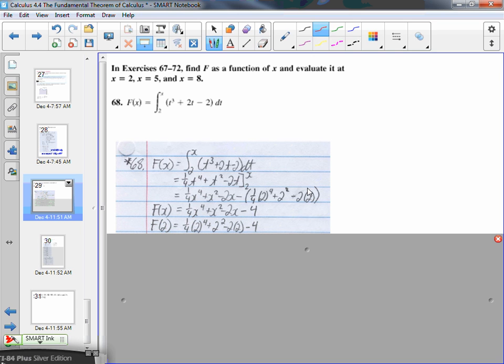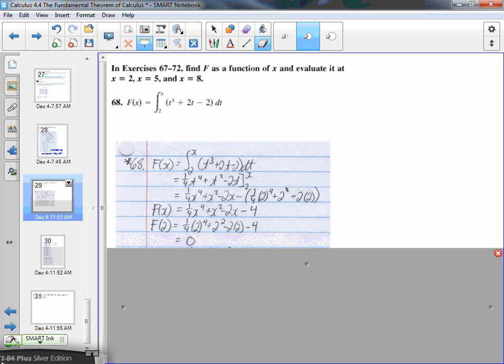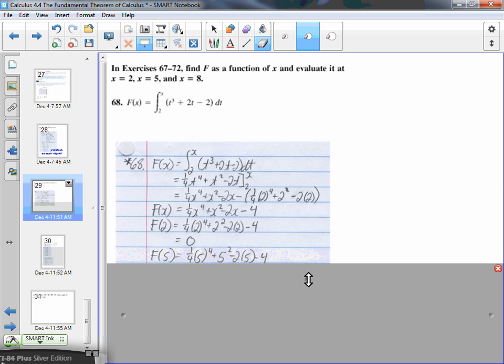Okay? So, finding it for 2, and really, you ought to know what the answer is going to be, right? Because what would the integral from 2 to 2 of whatever be? It's got to be 0. So when we evaluate this, when we put a 2 in for x, we'd better get 0. And we do. And feel free to use your calculator for these. What do you get for capital F of 5?